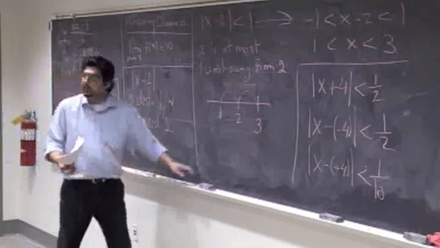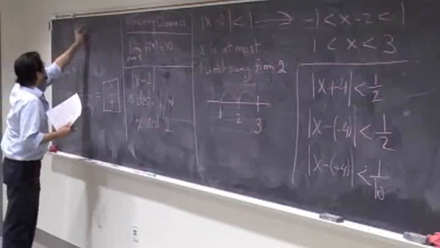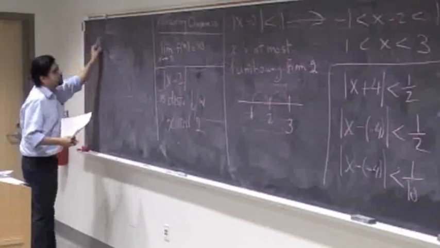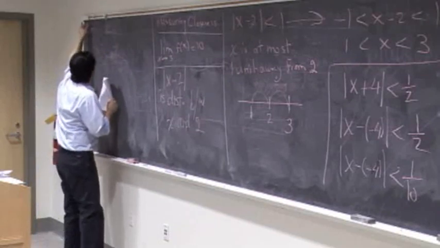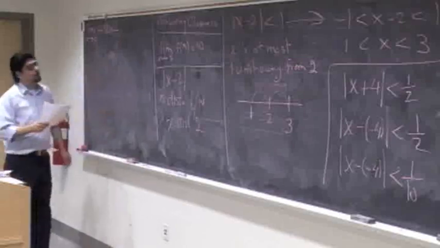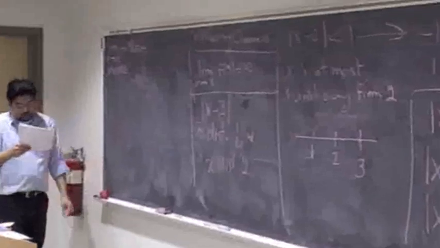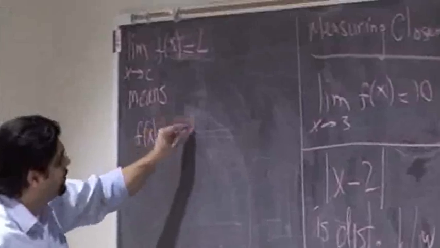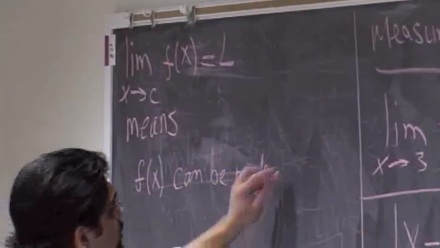Let's go back to the informal definition and now formalize it. Okay, this means f of x can be made arbitrarily close.